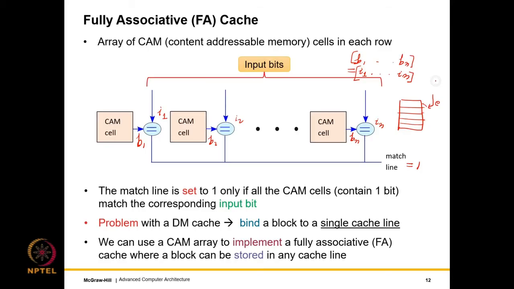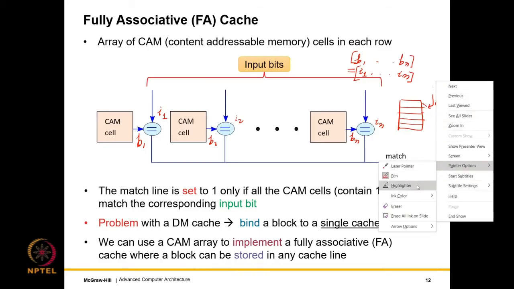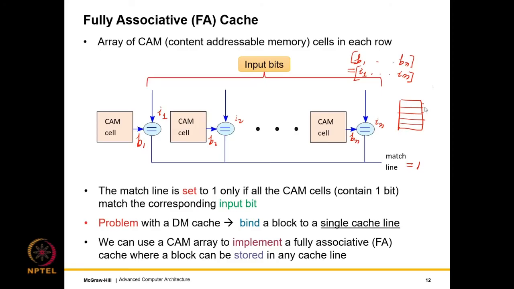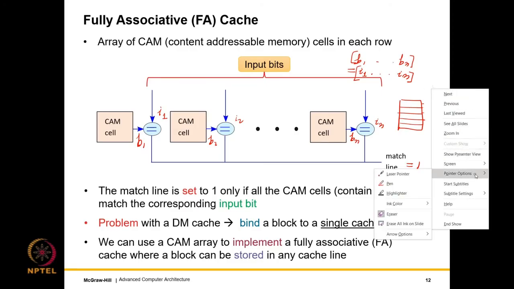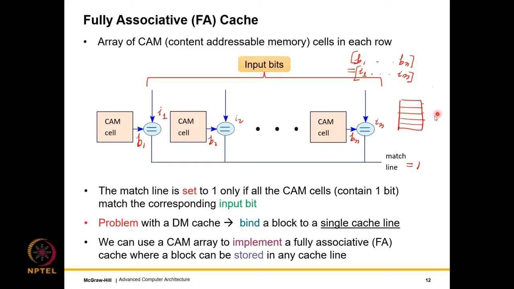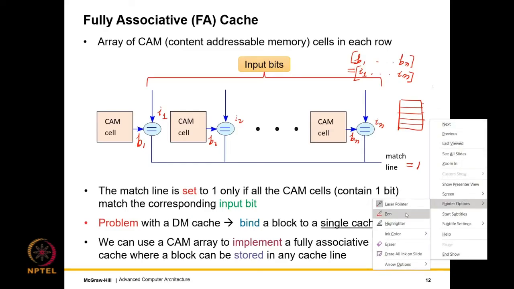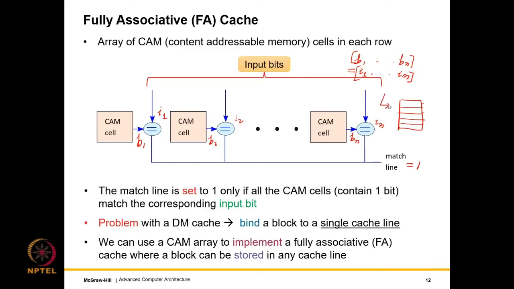So we provide an entry and the output is the match lines. Only one of the match lines will be set to 1 and the rest will be set to 0 because they'll have different entries. So this will tell us which row has the matching entry, has the same contents as E.